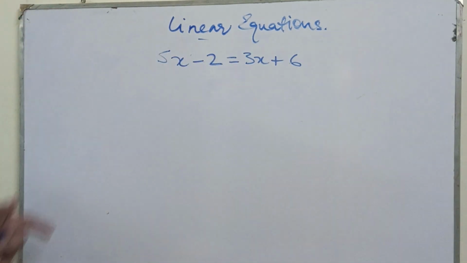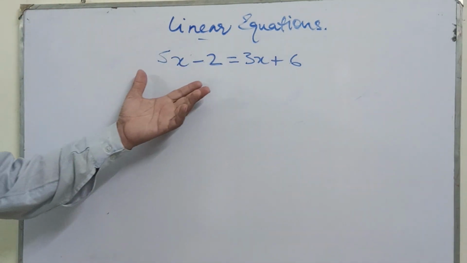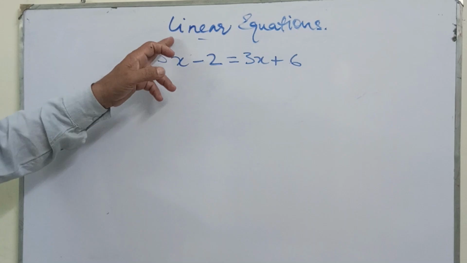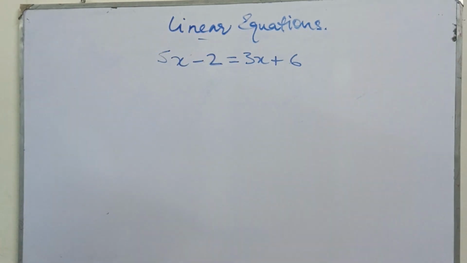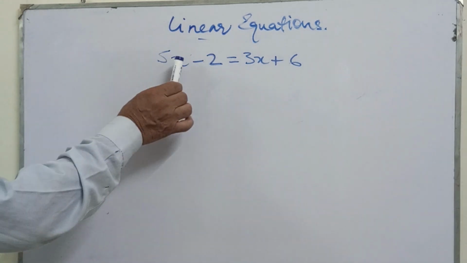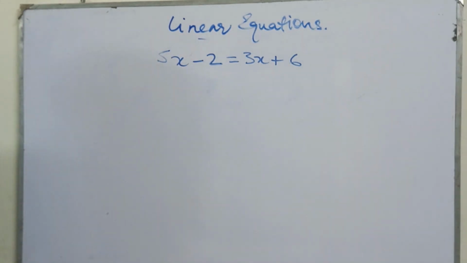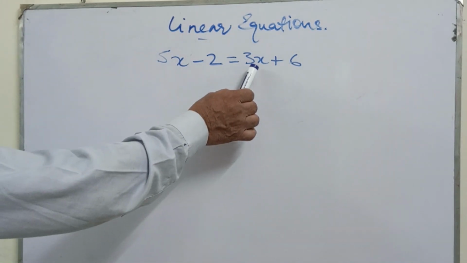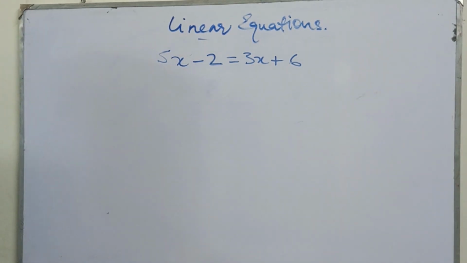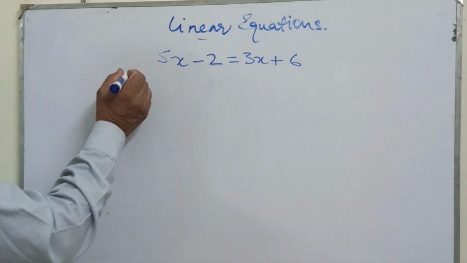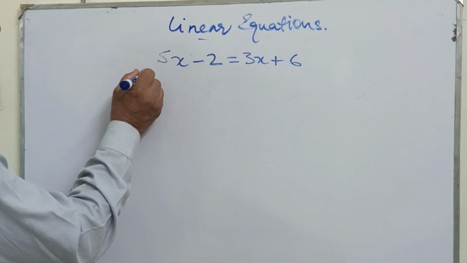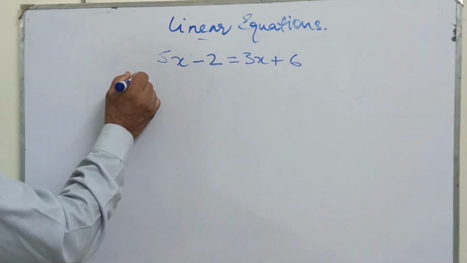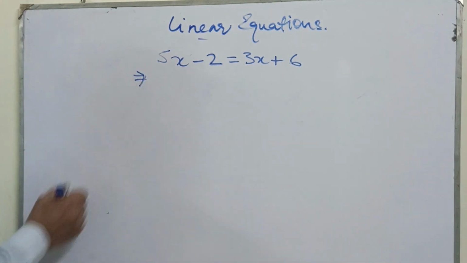Now this is an equation, and you see this is a linear equation. I told you the method of finding out a linear equation: the power of x anywhere will be 1.